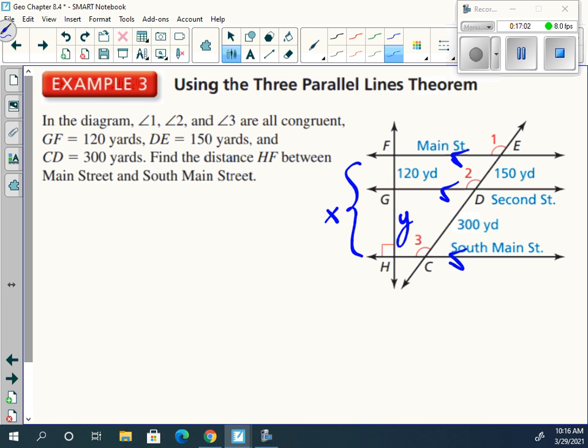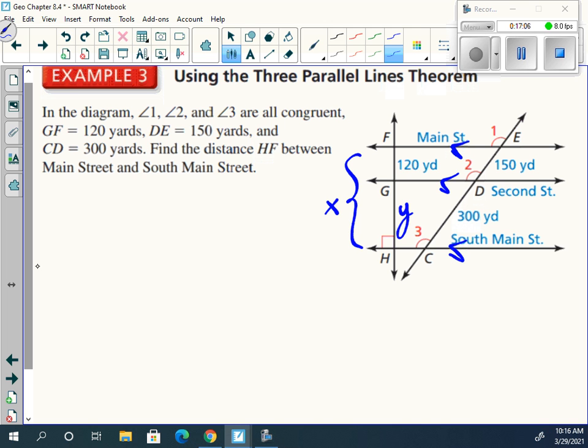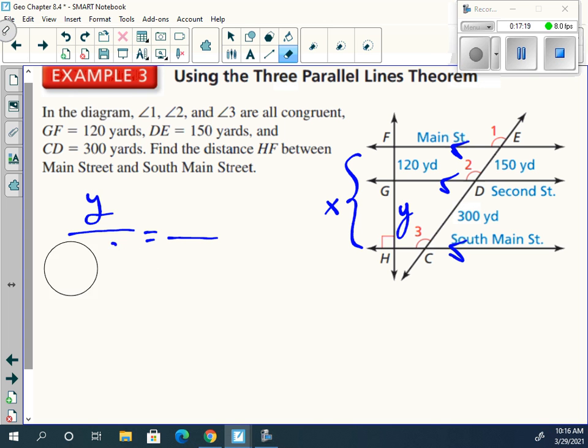And that's what we're going to be using in this parallel theorem, because I know Y over, actually, hold up.